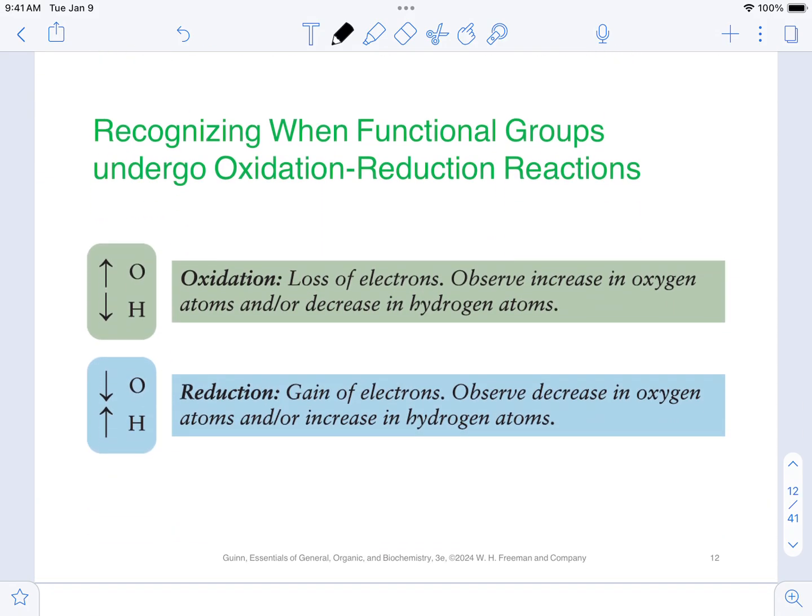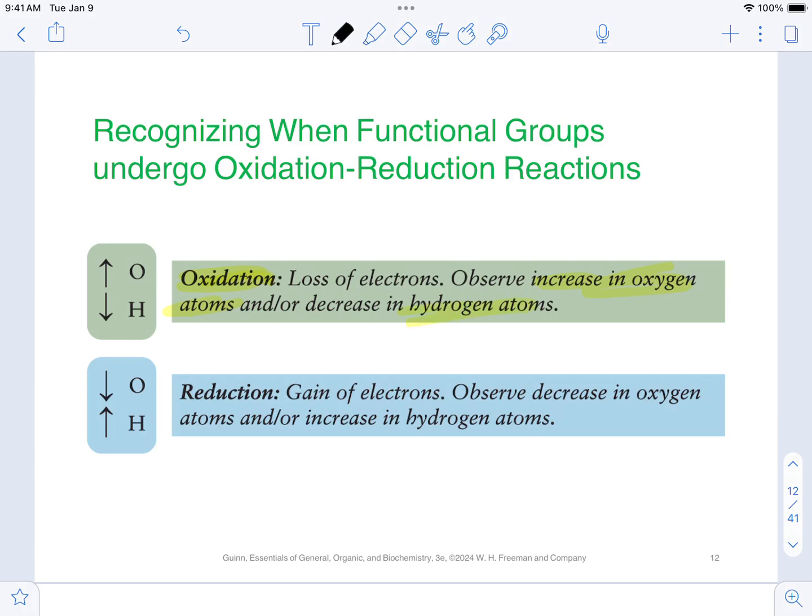When we look at organic substances, it's going to be harder to track the electrons because there are so many more atoms, but we can look at oxygen and hydrogen atoms. In an oxidation part of the reaction, you will see an increase in oxygen atoms and/or a decrease in hydrogen atoms.